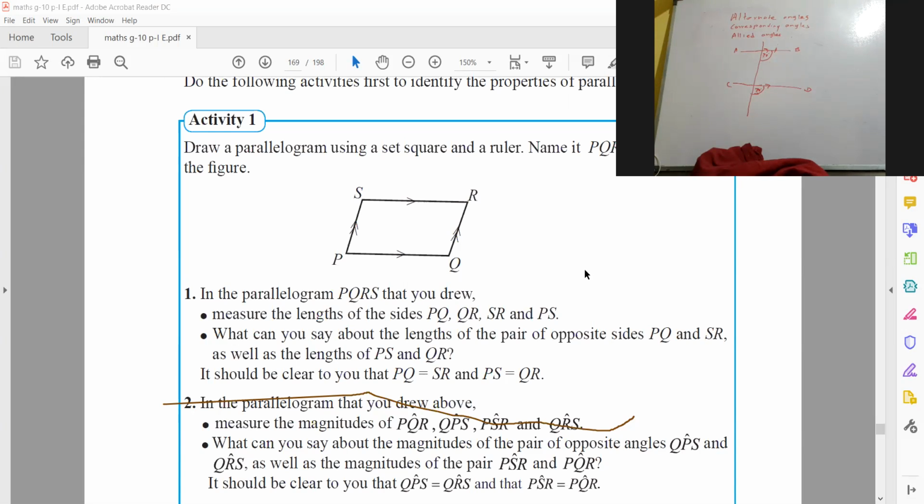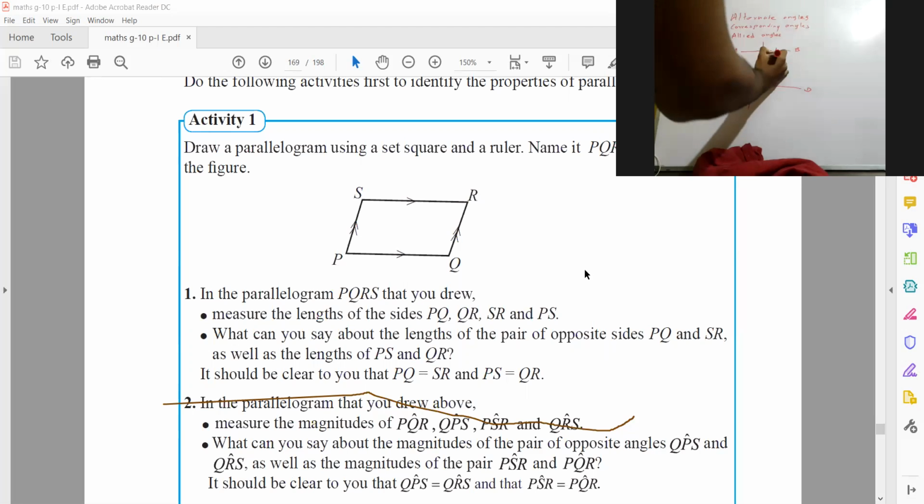Like that. Then allied angles. The allied angles are these angles. Consider this one as x and this one as y. Here x and y are allied angles, right?